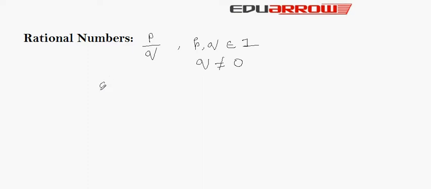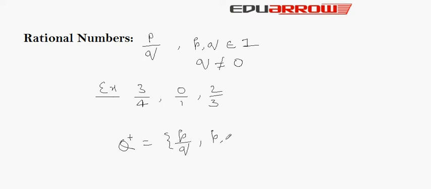For example, 3 by 4, 0 by 1, 2 by 3 are all rational numbers. Therefore, the set of rational numbers can be written as Q is equal to P by Q, where P and Q belong to integers I and Q does not equal 0.